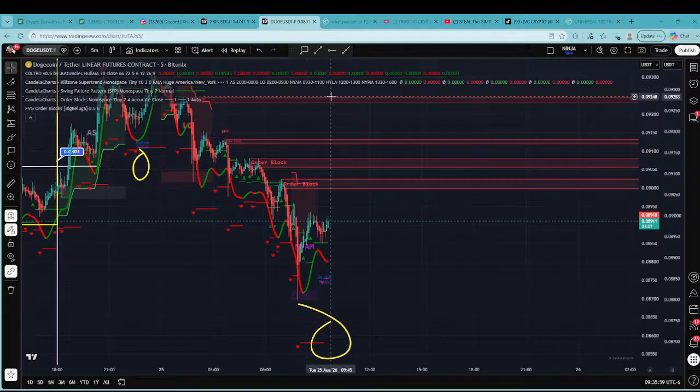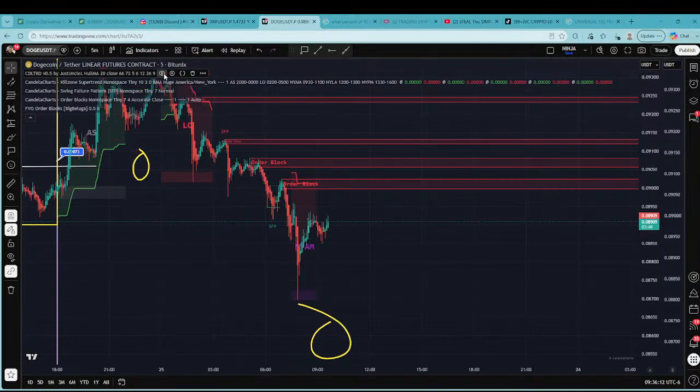And then this one, what is this? The kill zone super trend. This is going to be the green and red, and this is one showing me the bullish pin.